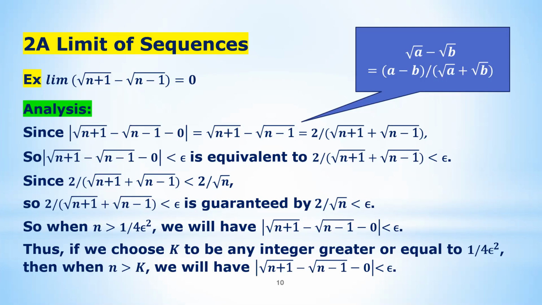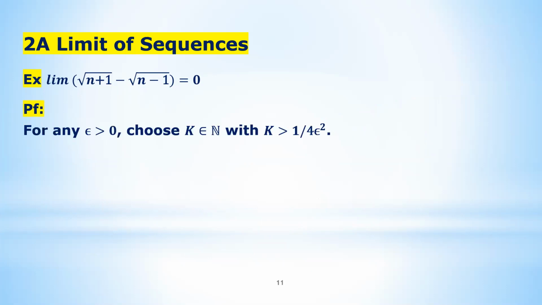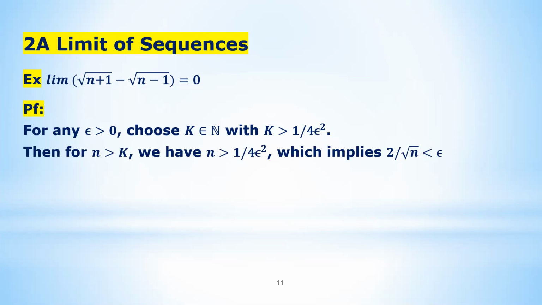Based on this idea, now you can write down the proof. To write a proof, you again start with any epsilon greater than 0. Then you choose k such that k is greater than 1 over 4 epsilon squared. Then for any n greater than k, you're going to have n greater than 1 over 4 epsilon squared, and you're going backwards through the inequality in the previous step.